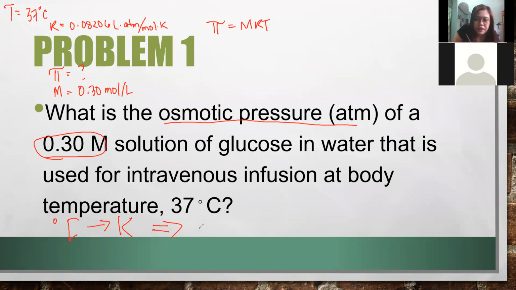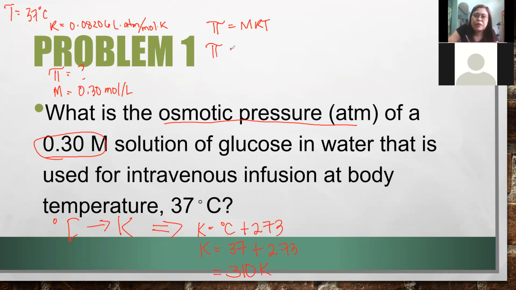So to compute the Kelvin, you just have the degree Celsius, mag-add ka lang ng 273. So mag-add muna tayo para Kelvin na yung ating temperature. So we have here 37 degrees Celsius plus 273. So 37 plus 273, it's 310 Kelvin. Okay, 310 Kelvin. So, kompleto na yung ating given.